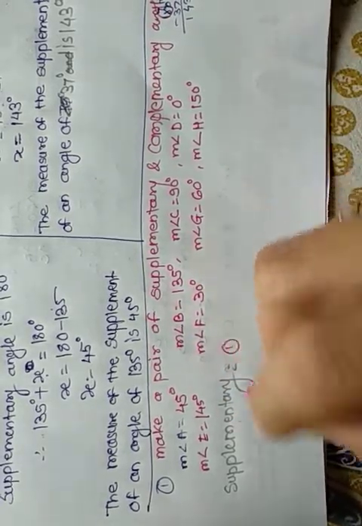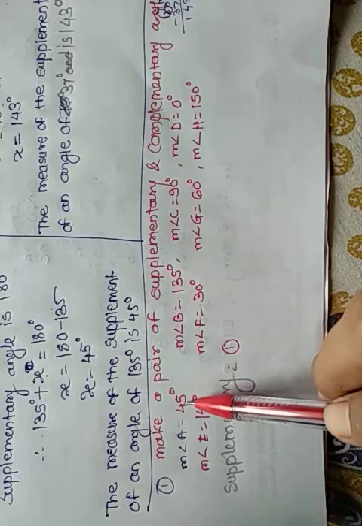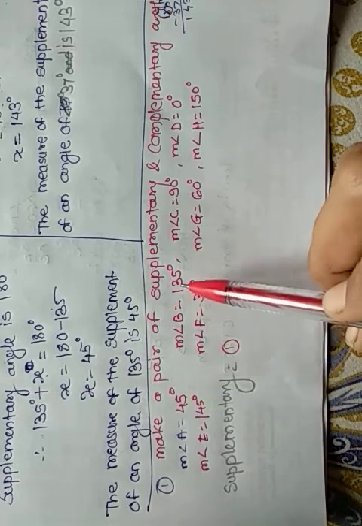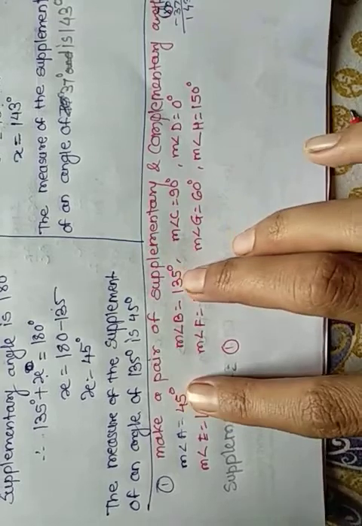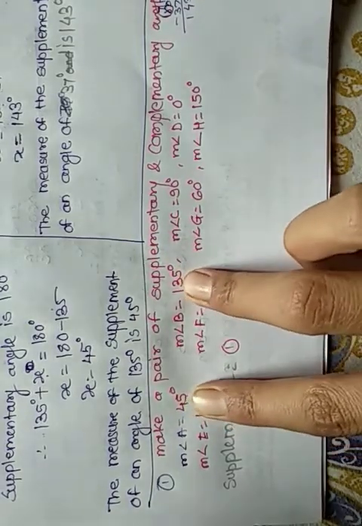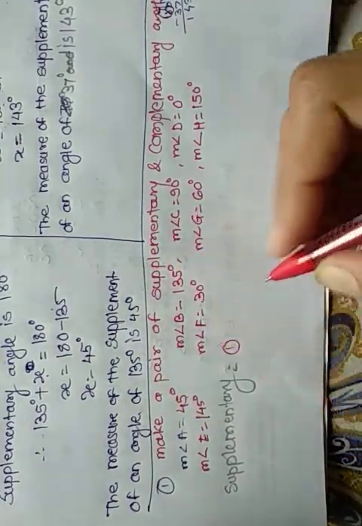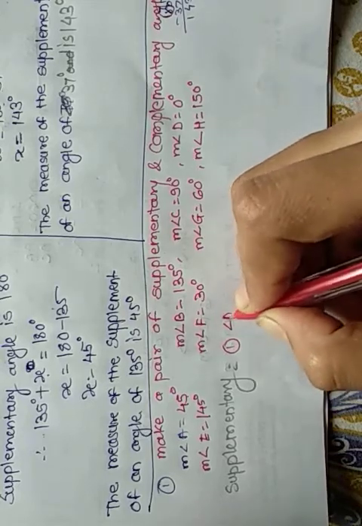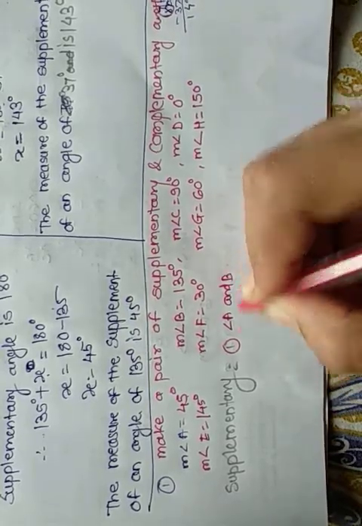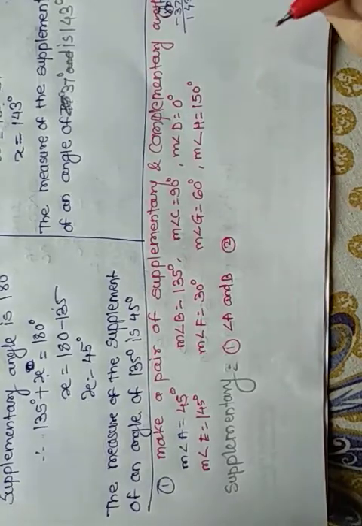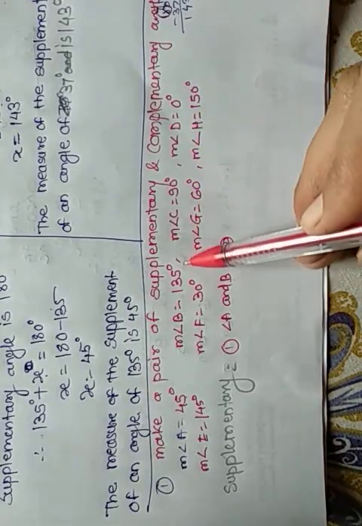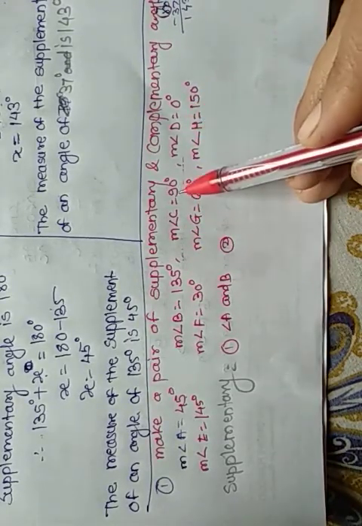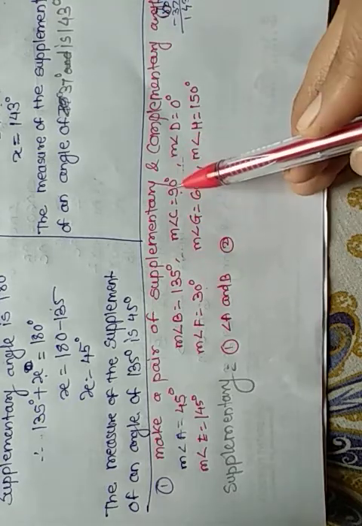So let's see the first pair. Suppose it is 45 degrees and this is 135 degrees. So the addition of 45 plus 135 is 180. So here angle A and angle B are supplementary. Now one more pair is there. Search: 90 plus 30, 90 plus 60.